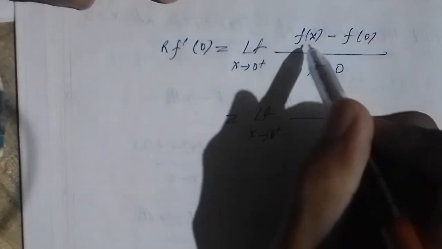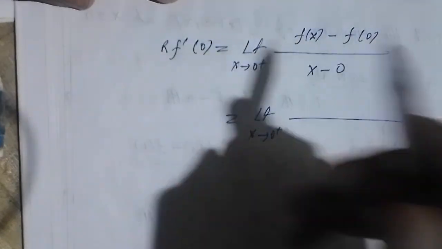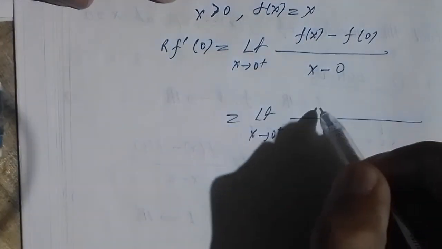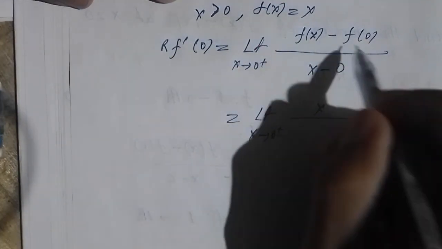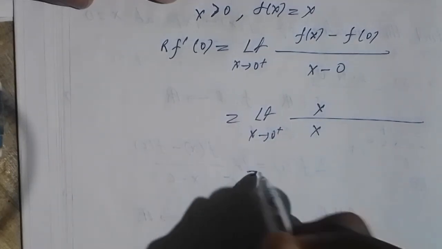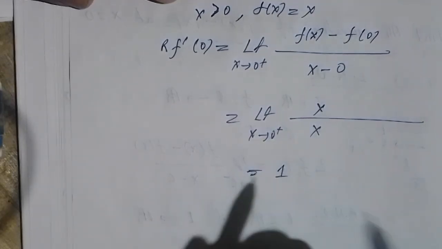We know that for x greater than 0, f(x) equals x. So putting that value in, we get x minus 0 divided by x, which gives us a value of 1.